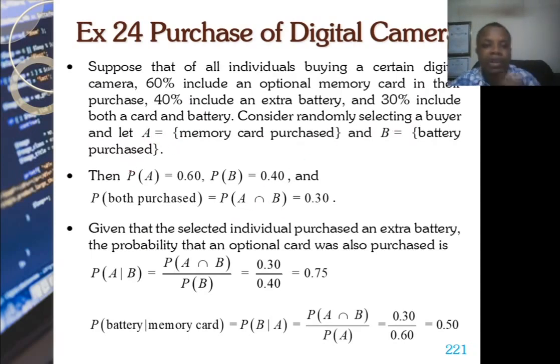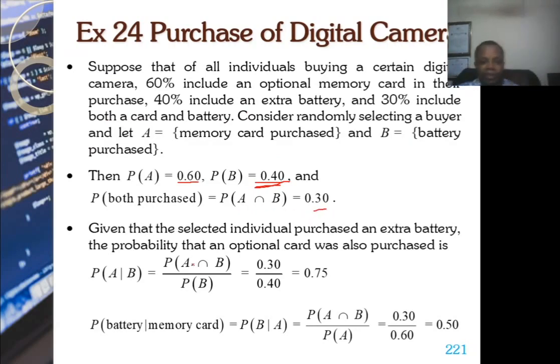So remember that probability of event A, that is those that include an optional memory card, is 60%, as we have here, and probability of those including extra batteries, we have it to be 40%. And remember, 30% has both. Card and what? Battery. And that is their intersection that we have here.